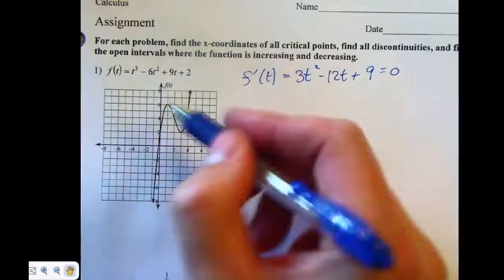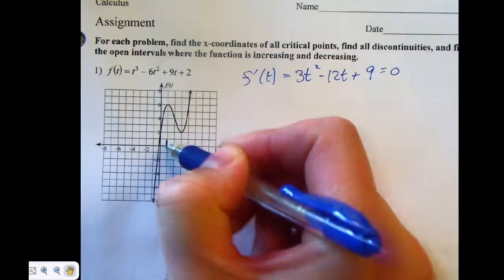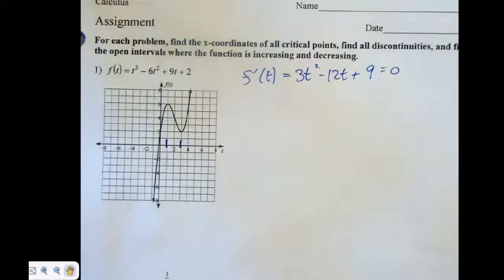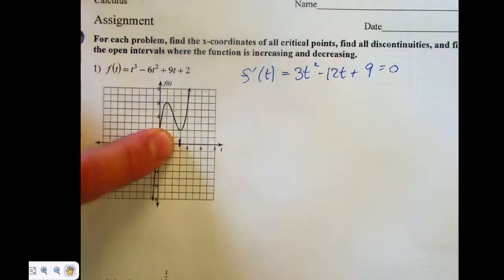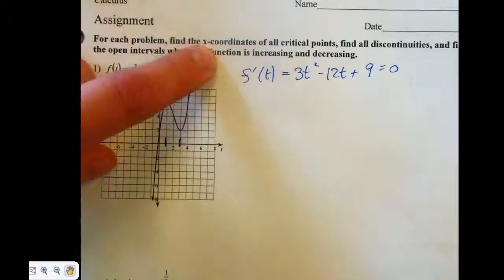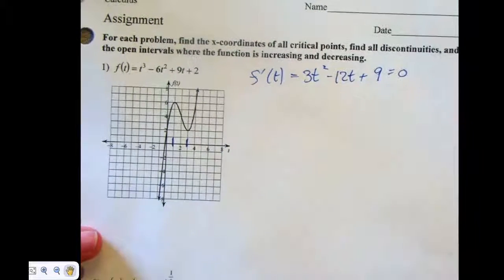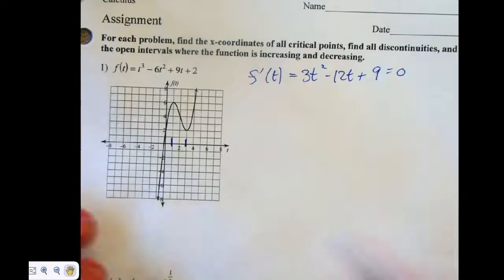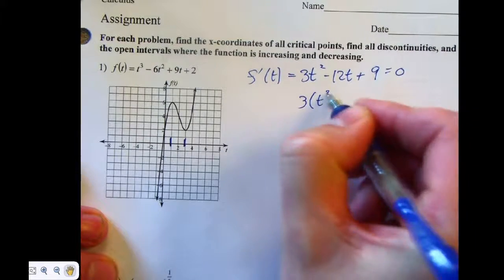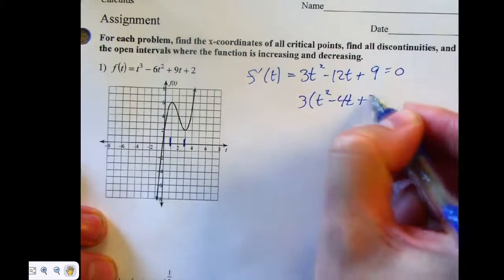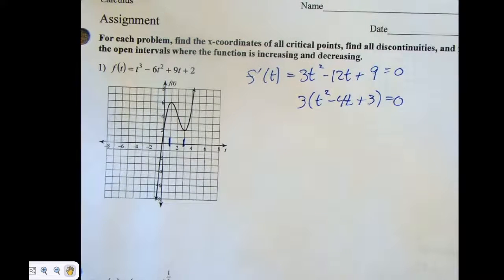And I'll tell you what the x's are going to be looking at the graph. 1 is going to be a critical point, and so is 3, because the graph changed from going up to going down, and then from going down to going up. So I can tell by looking at the graph, but you have to know how to do it without the graph too. So set this equal to 0. What can I factor out of all 3 of those? So that would give me t squared minus 4t plus 3 equals 0.